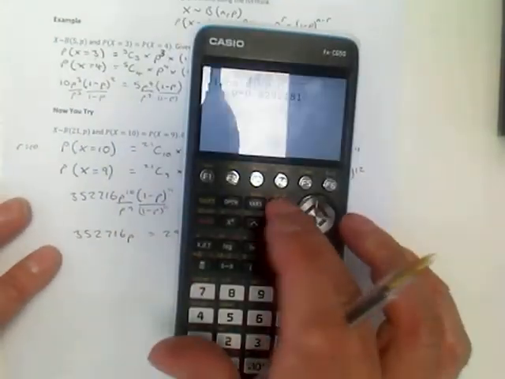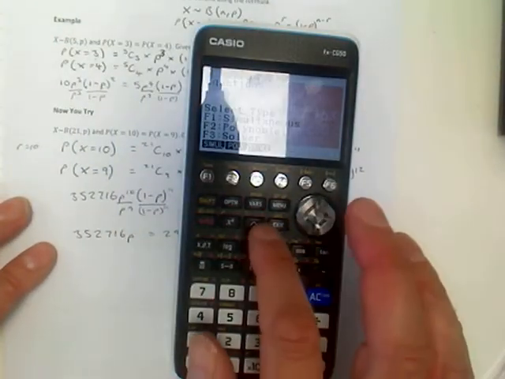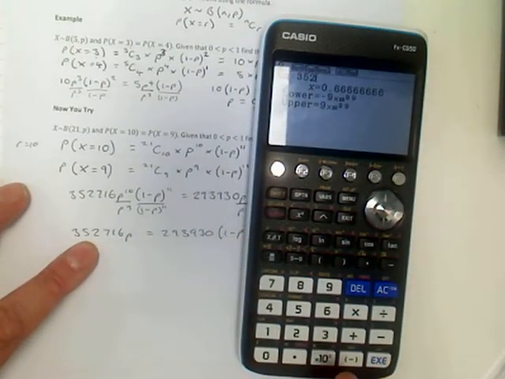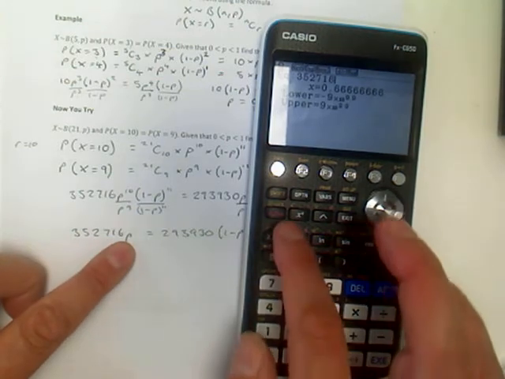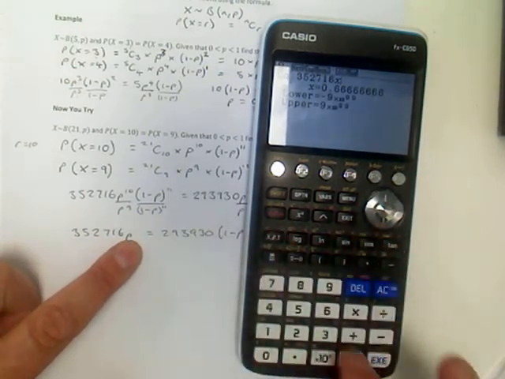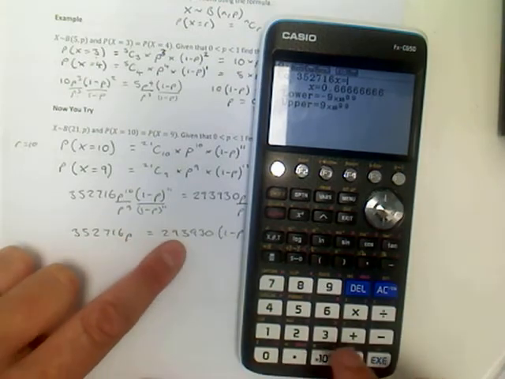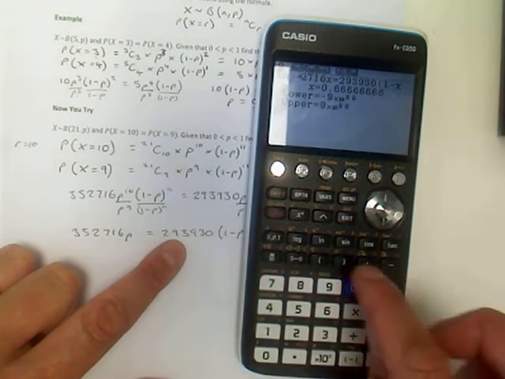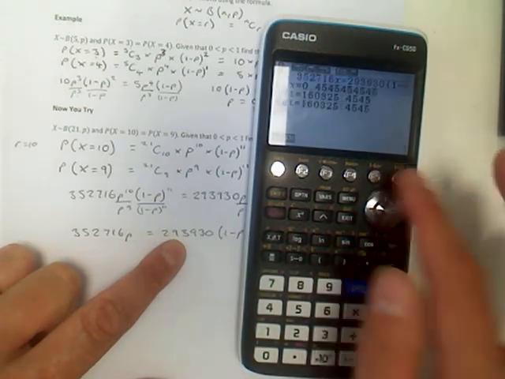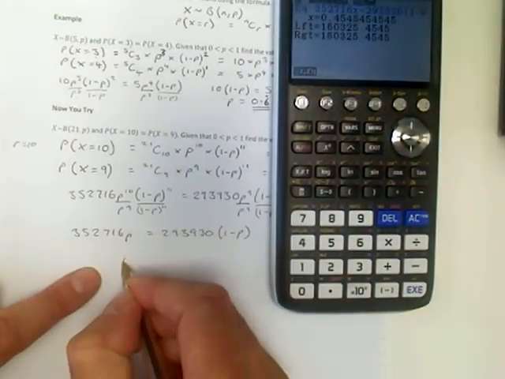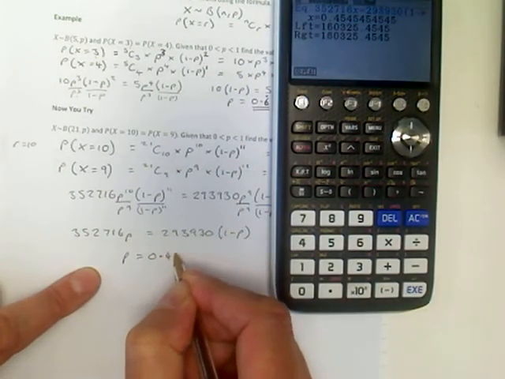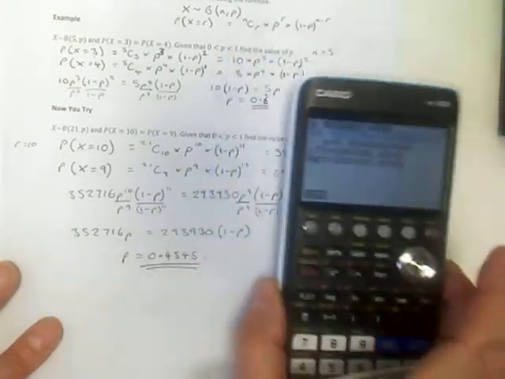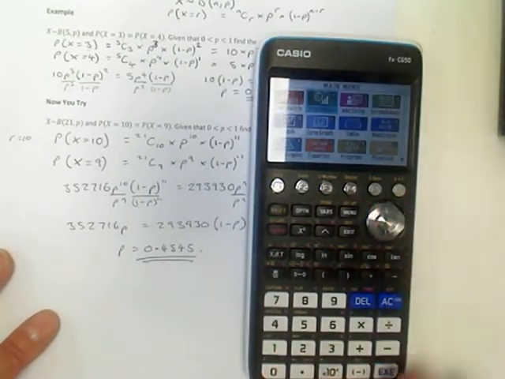I'm going to go solver. 352,716 variable button equals 293,930 bracket 1 minus variable. Remembering to press solve, and I get p equals 0.4545. That's my answer. I really want to check it because I want to know that this is correct.